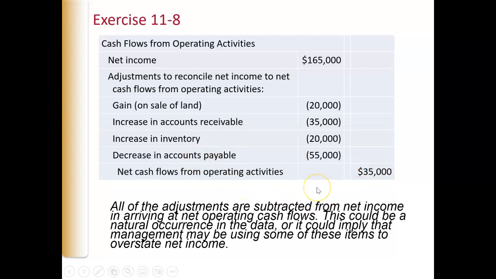Now, they're asking, does this look fishy? It kind of does look fishy if you think about it, because all of these adjustments are subtracting from net income. It could really be true, or it could be management faking the numbers, or trying to puff up their income by showing their income increase, but yet they haven't received the cash yet. See what I'm saying? It could be true.